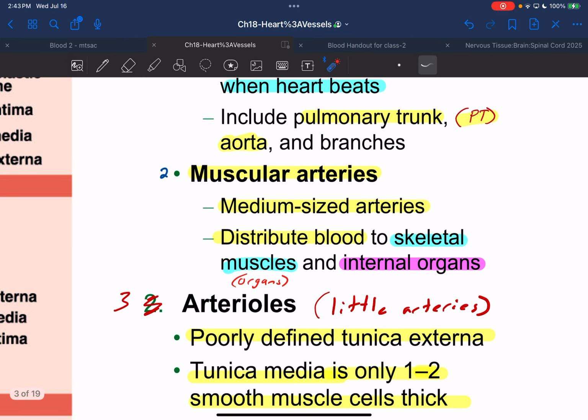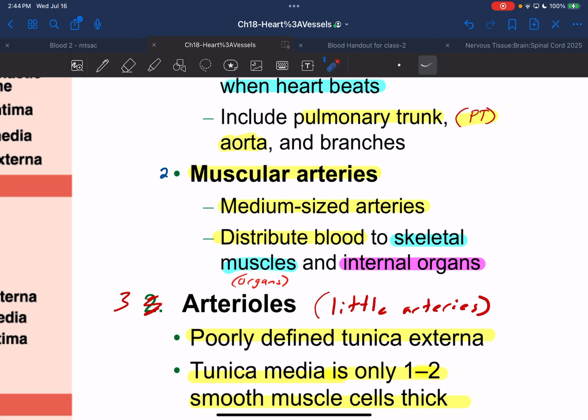The muscular arteries are the ones that go to the organs. Whenever you look at the models now and you see those arteries that go through the muscles, those are muscular arteries because they distribute blood to the skeletal muscles. These typically tend to be medium-sized arteries. And if the arteries are going to the organs, then they're probably going to serve internal organs.